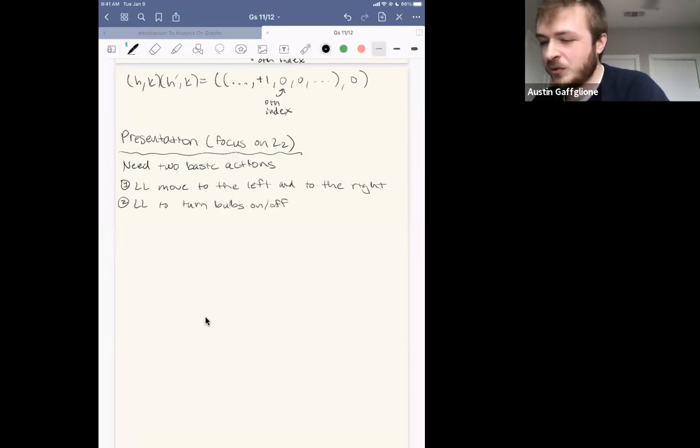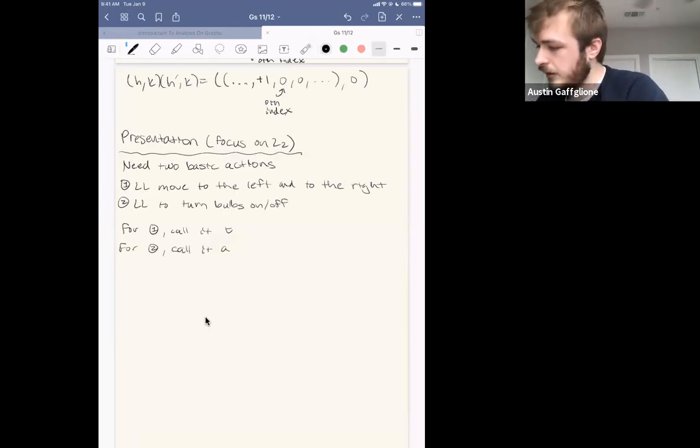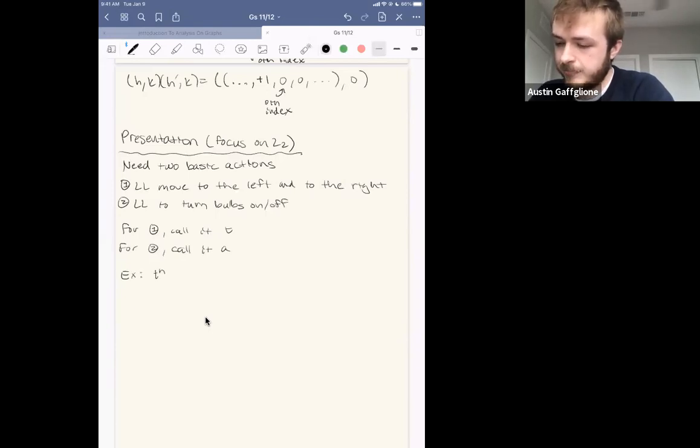Okay. And so I can define the alphabet for this presentation of L2. So the first one, for moving, I call it T. And then for turning bulbs, call it A. So for example, if I have T to the N, I'm really just saying the Lamplighter moves N units to the right.